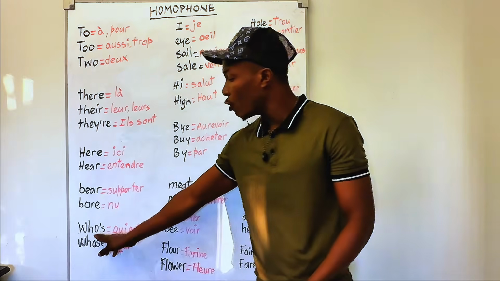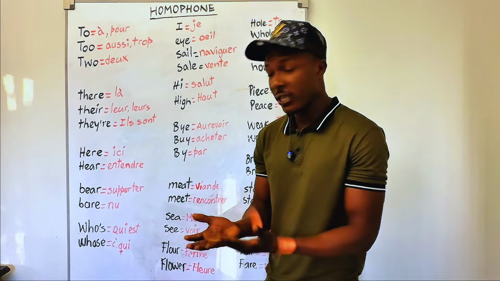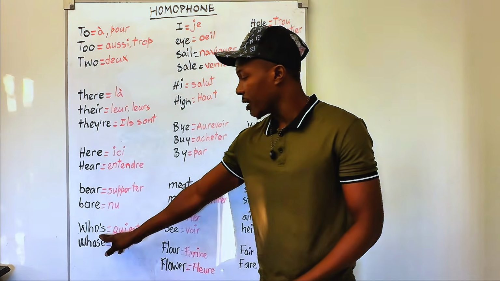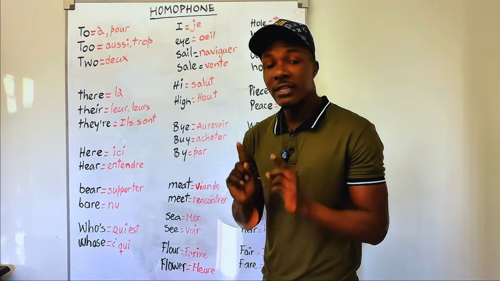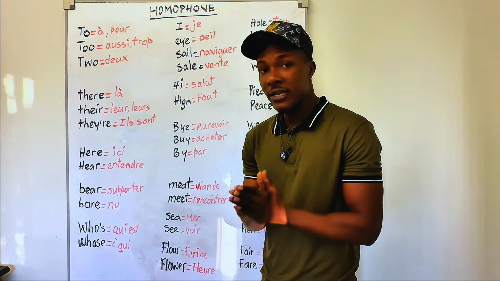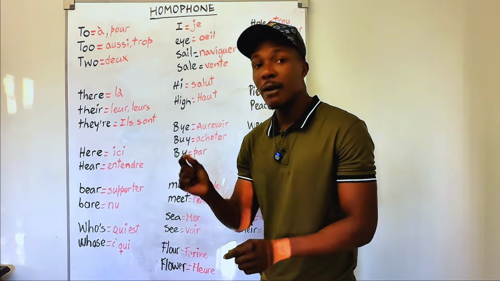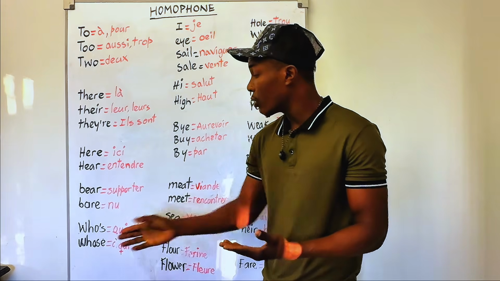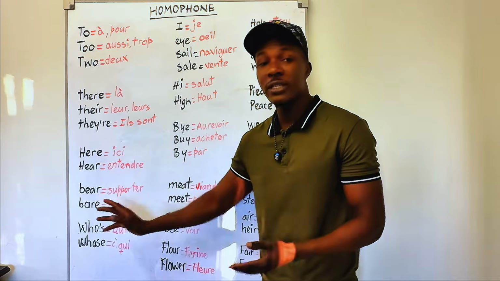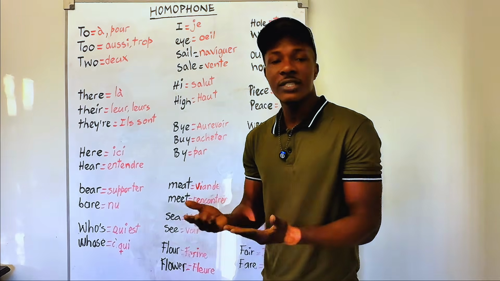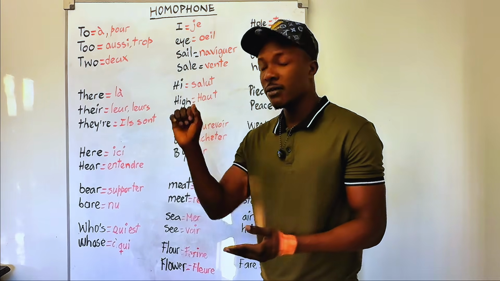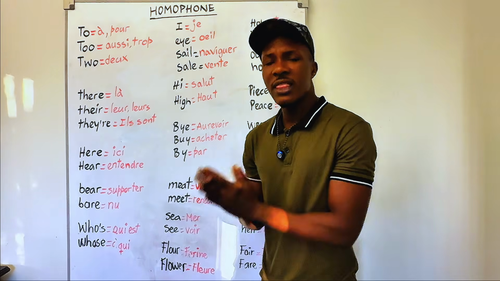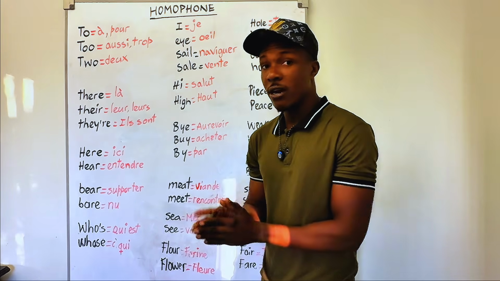Okay, so we have "who's" and "whose." Sometimes lots of people get confused using this sound, okay? Remember, the W is not pronounced in these words, mostly in WH words. So we don't pronounce the W. We say who, W-H-O, we say who's. Qui est là? Who's there? Somebody's knocking at the door. Then you say, who's there? Qui est là? Who's there? Remember this.